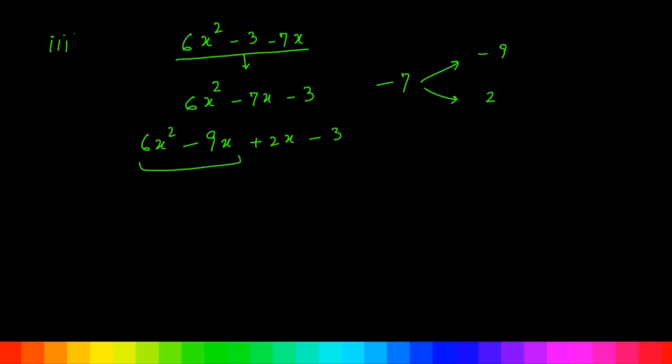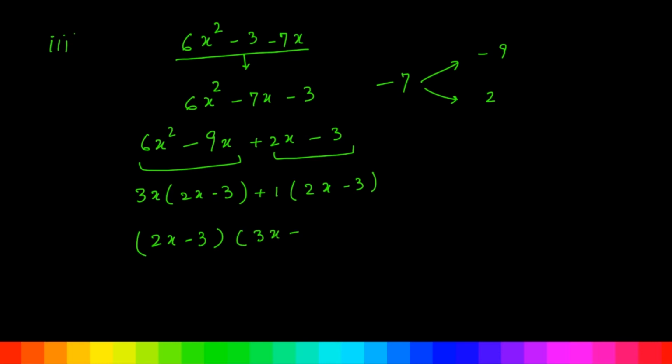From the first set of two terms, we'll take 3x as common, leaving 2x minus 3 within the bracket. Now plus 1 will be taken as common, leaving 2x minus 3 in the bracket. Now here 2x minus 3 is common in both the terms, leaving 3x plus 1 within the bracket.